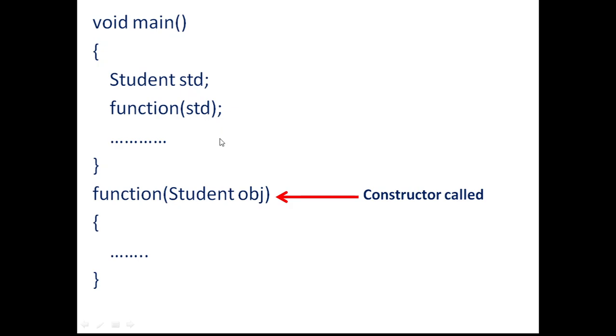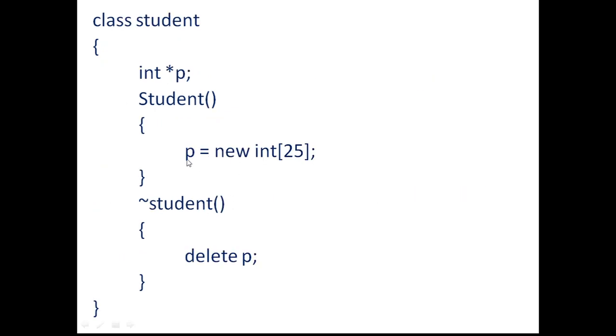Though they look like two different lines, they actually mean student obj = std, which means that we are using std to initialize obj, and this will trigger the constructor one more time. But this time, instead of getting a new memory allocation for P, it is just going to get linked to the same memory location.